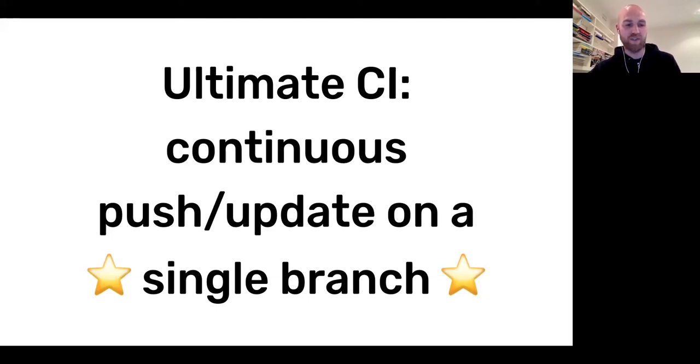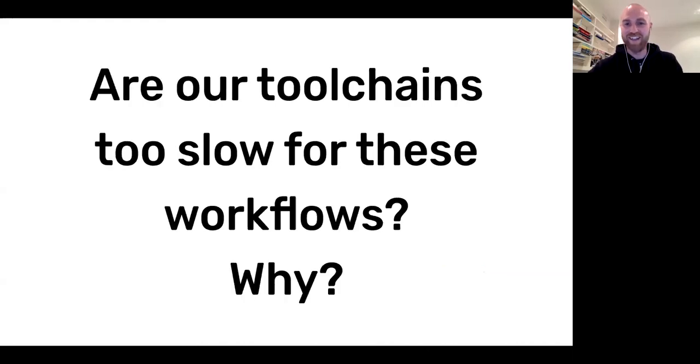So integration between all people is so fast and smooth that we can do ultimate CI, working on one codebase of good quality, and we can continuously push and update on a single branch, which is just the best state of the code we can get. And if we find a problem, we just fix it quickly. That would be ultimate continuous integration, because all the branching strategies are discontinuous integration.